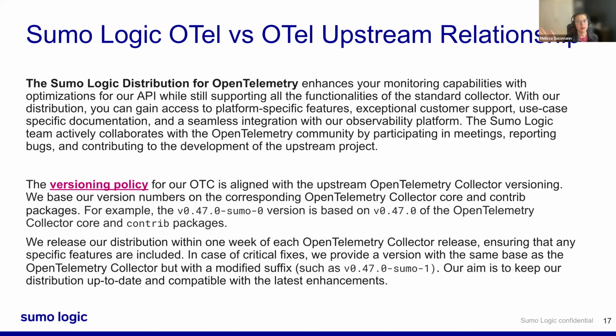So we make sure that everything is aligned with the upstream project. The Sumo Logic distribution for OpenTelemetry is essentially our collector, and it enhances your monitoring capabilities with optimizations for our API while still supporting all of the functionalities of the standard collector.